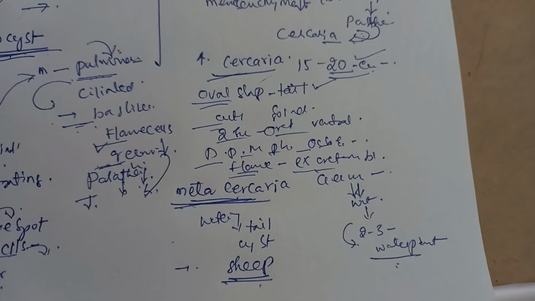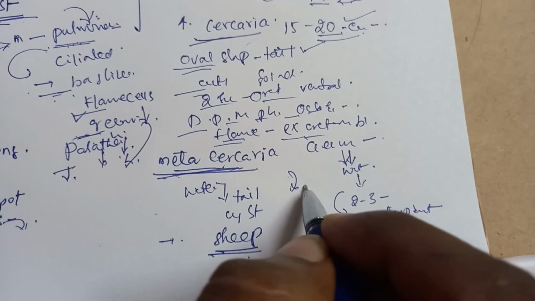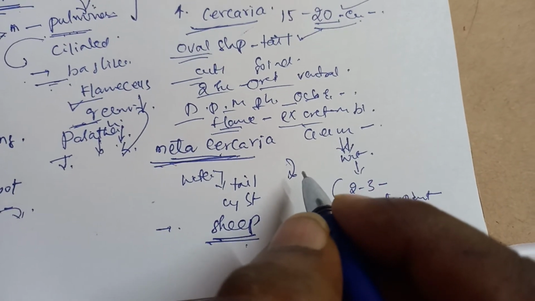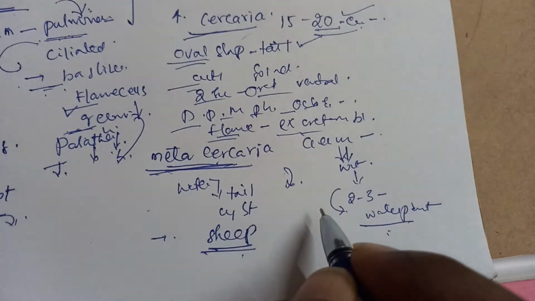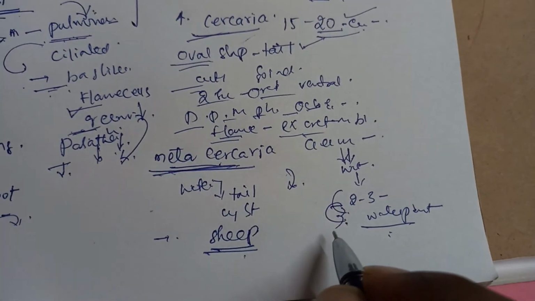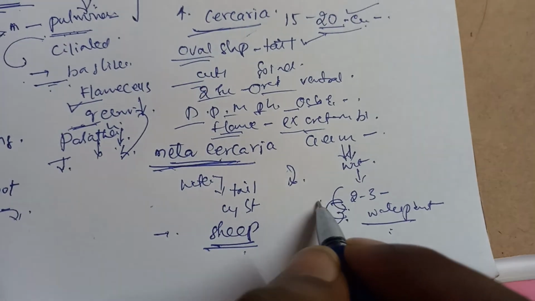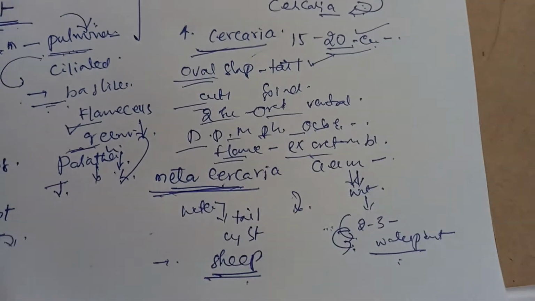So the completely developed Cercaria will enter the water from the body of the snail or body of the host, and this Cercaria swims for 2 to 3 days, and it will settle on a water plant. If it can't reach the host within 2 to 3 days, it will die.